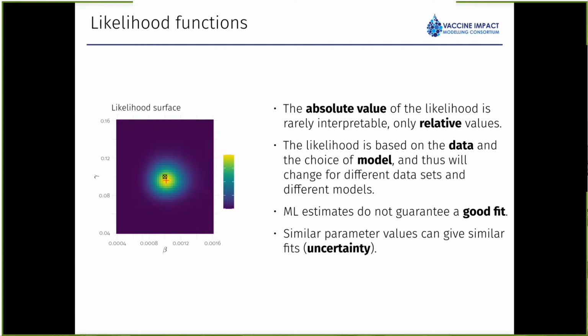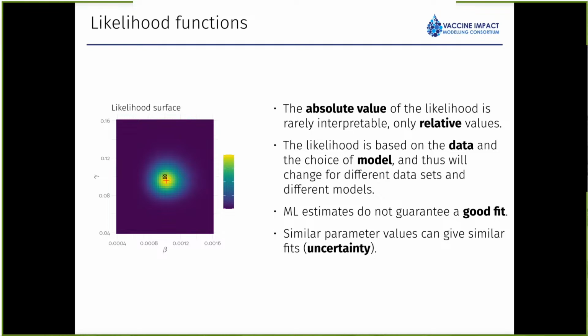So if I have a likelihood of 100, it doesn't mean anything. All right? And that's because if you get more data, the scale of your likelihood will change. Okay? What's important is the relative value. So what we can say is that higher likelihood is better than lower likelihood. All right? But the absolute value of that likelihood is not important.